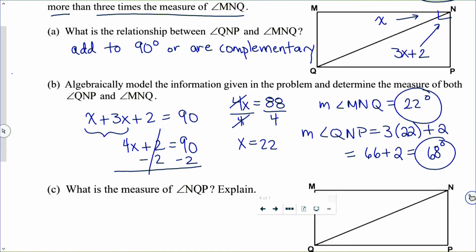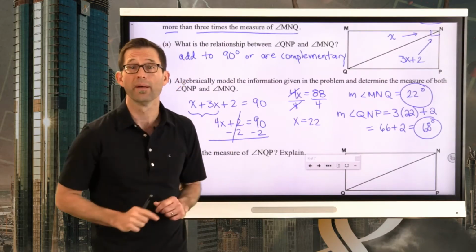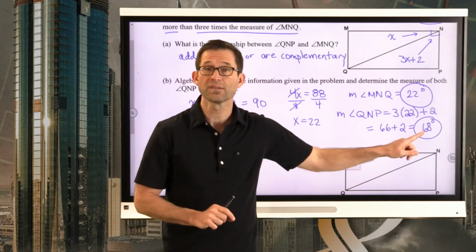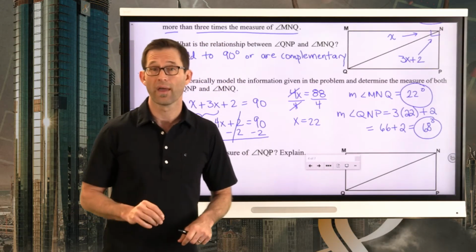And again, another nice check, as we talked about in the first problem where we had supplements. Here we have complements. Another nice check is the fact that 68 plus 22 gives me the 90-degree angle, which I knew that I had.